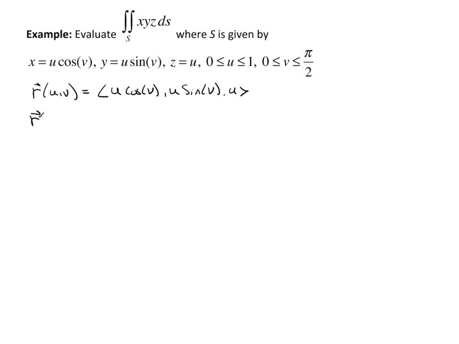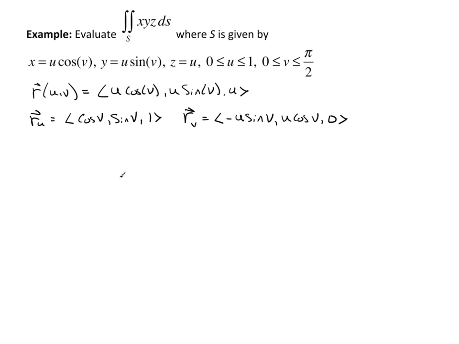So the partial with respect to u is simply going to be cosine v, sine v, 1. The partial with respect to v is going to be negative u sine v, u cosine v, 0.